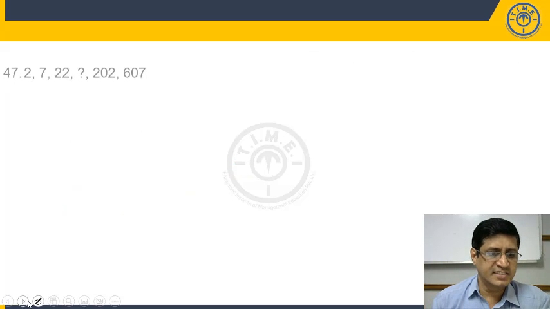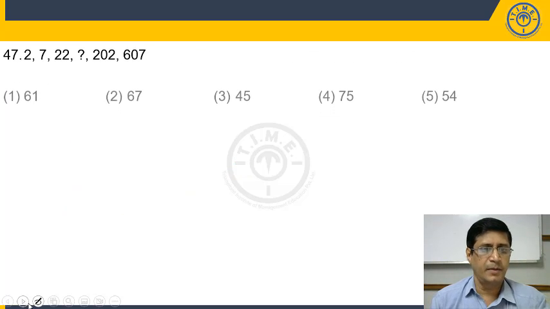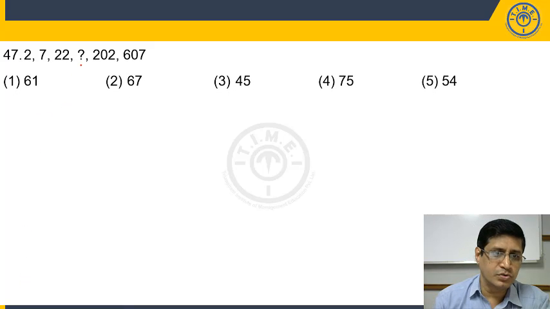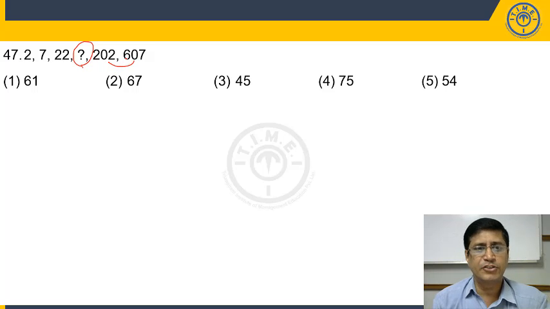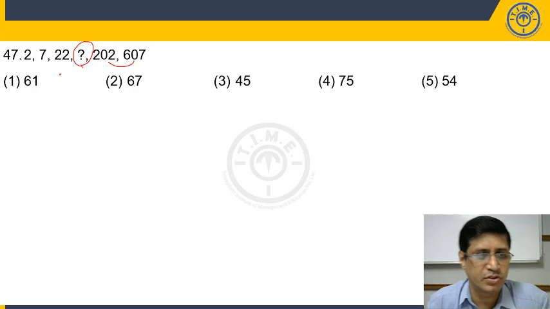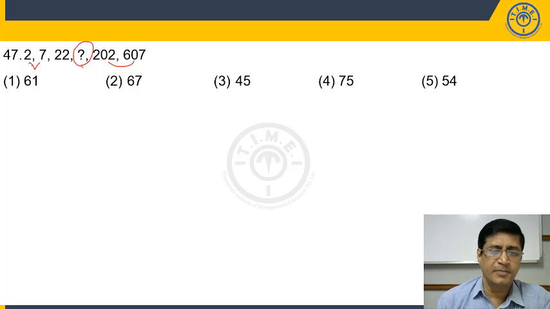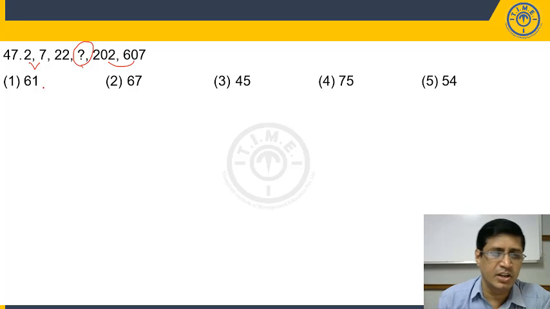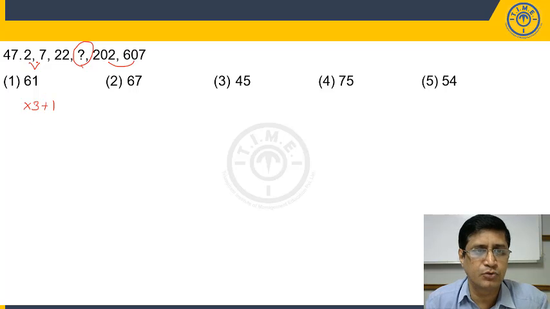Now look at the next question on your screen. What is the pattern it follows? If you observe, it increases by a huge value, so just observe the multiplication process. So what is the difference here? It differs by how much? 5. So how to get it by using multiplication? I am multiplying the first part with 3 and adding 1. 2 into 3, 6 plus 1, 7.